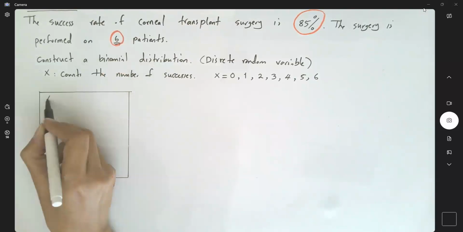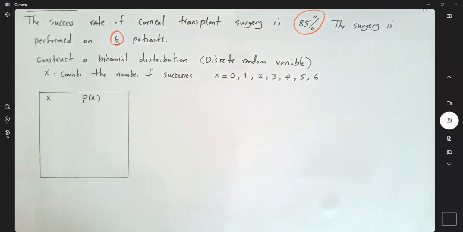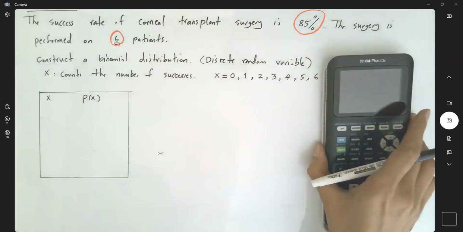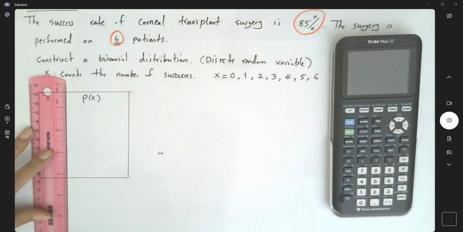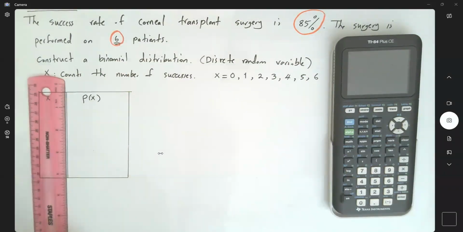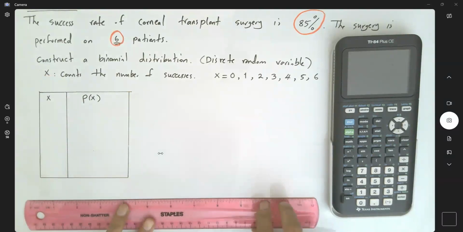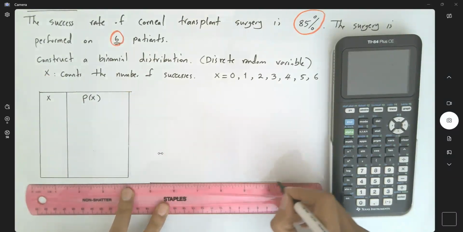So you have random variable X and the probability of that random variable. When we're forming the probability distribution, in this case, we need to use our calculator. Let's go over each step together and build this probability distribution, then we can actually visualize this as well. We can use the graph down here as well.